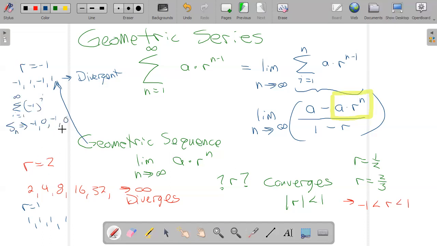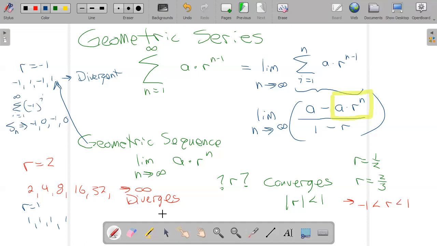What are the sums doing when R is -1? They're oscillating also, between -1 and 0. Is that convergent or divergent? Divergent. So for the sequence, we get convergence at 1 and divergence at -1. For the series, we get divergent for 1 and -1.